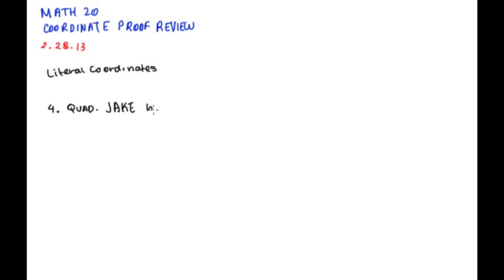It has coordinates J, which is 0, 3A; A, with coordinates 3A and 3A; K, which has coordinates 4A and 0; and we have E with negative A and 0. As you can see, they're variable coordinates. And they're telling us right here, prove by coordinate geometry that quadrilateral JAKE is an isosceles trapezoid.